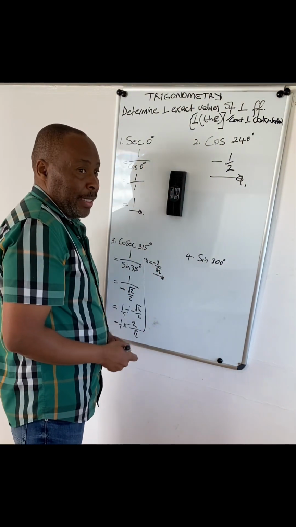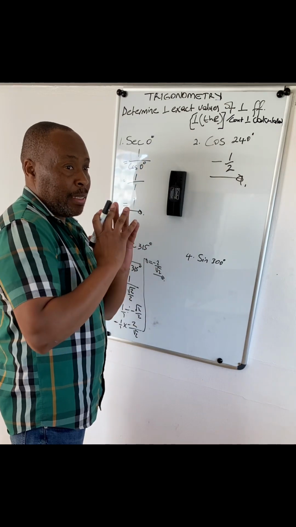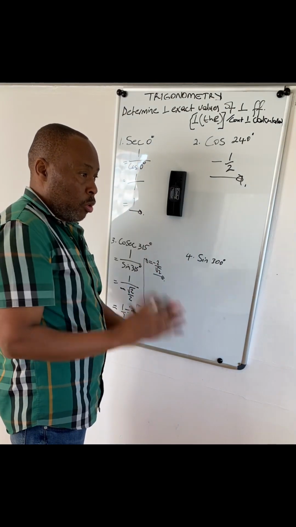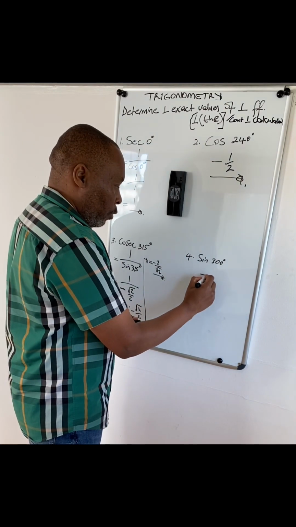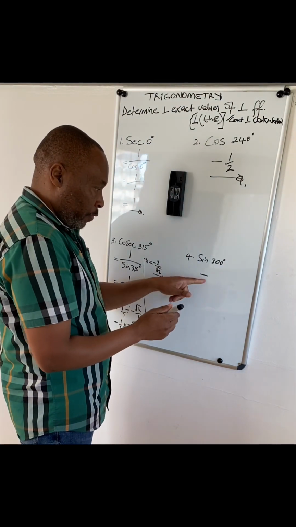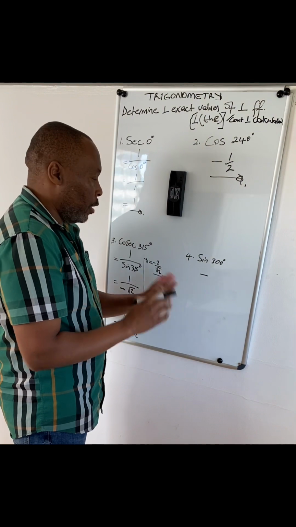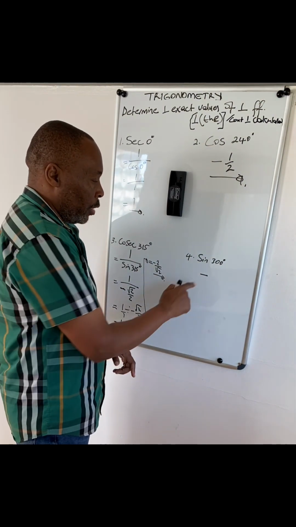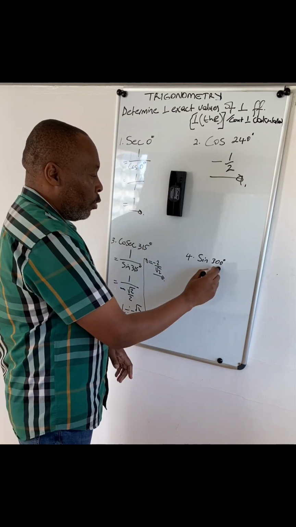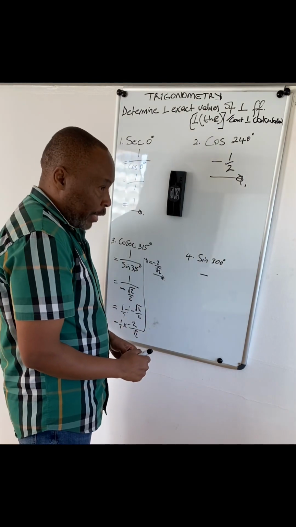Sine of 300. 300 is in the fourth quadrant. Only cos is positive, therefore sine is negative. We've already found that sine is negative here, so we can't go away without a negative. Sine is negative in the fourth quadrant, so we drop that negative and we look at the values of 300.